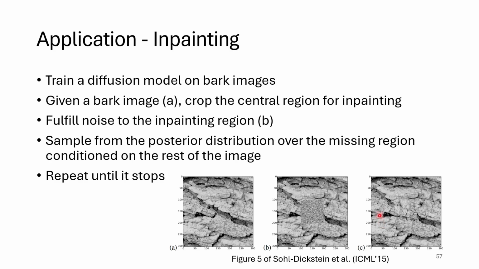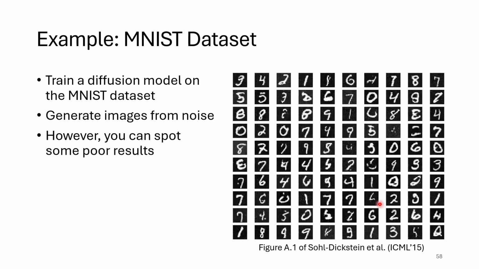They can reconstruct the central region, and it still looks like the trunk input. They also applied the approach to the MNIST dataset. These digits are their generated results, but you can see, for example, this and this and this, the quality is not very stable.